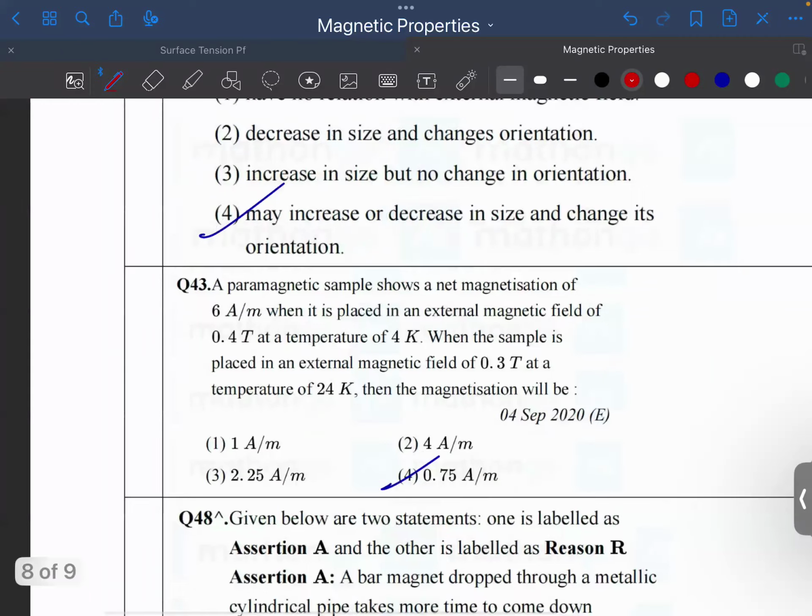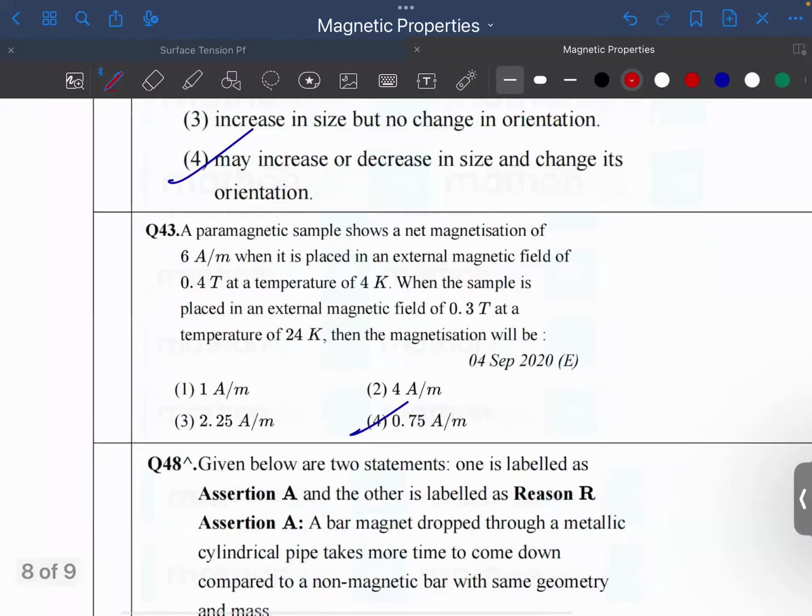Next, a paramagnetic substance shows a net magnetization when it is placed in an external magnetic field of 0.4 Tesla at a temperature of 4 Kelvin.